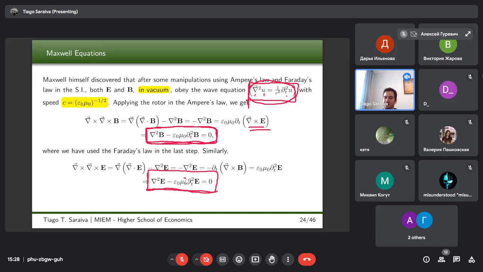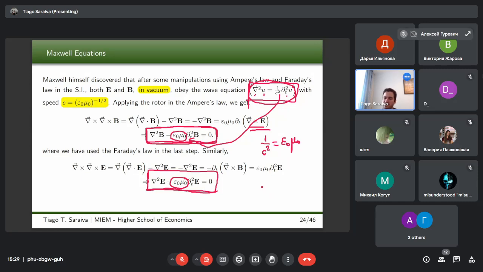What appears in the wave equation is this factor in front of both the magnetic field and the electric field. If you combine the speed of the wave with epsilon 0 mu 0, you will see that 1 over c squared is epsilon 0 mu 0, right?